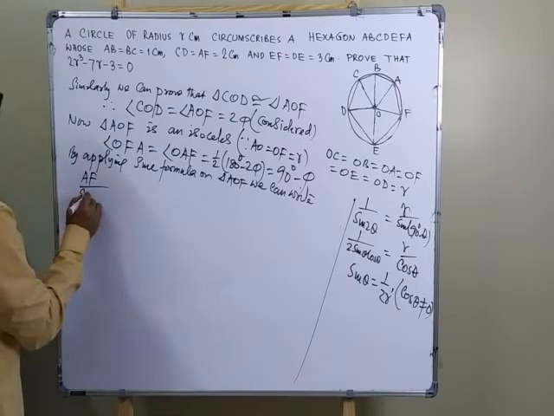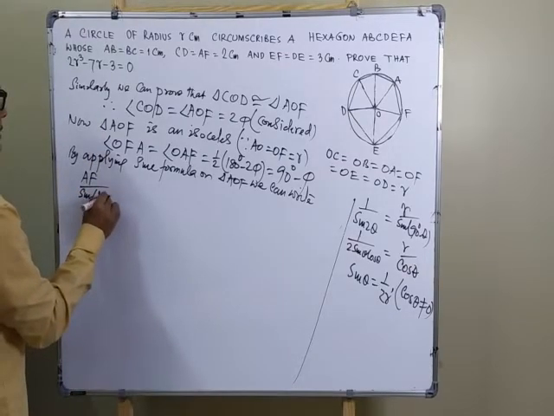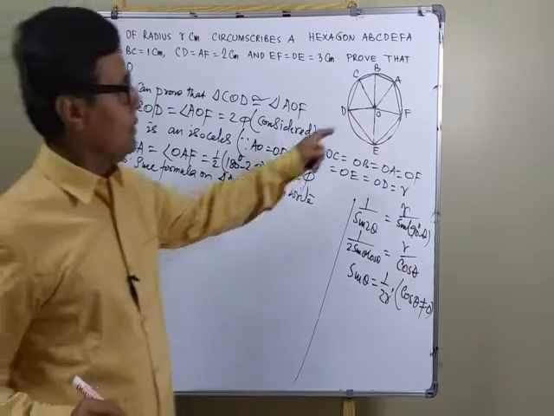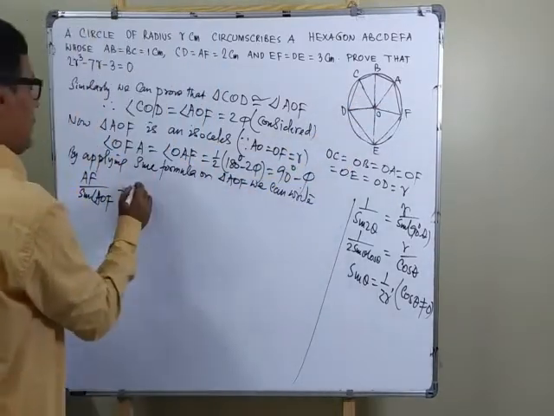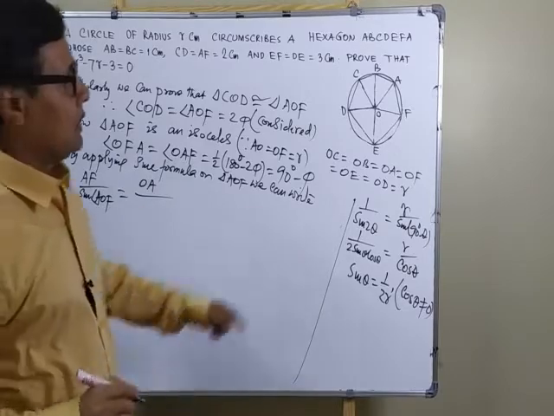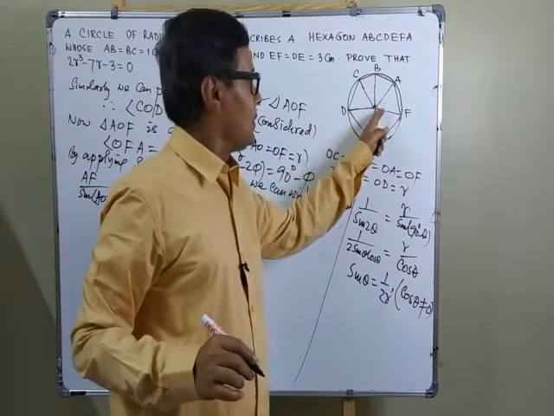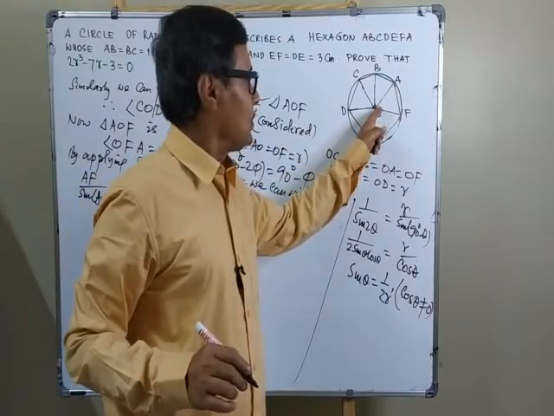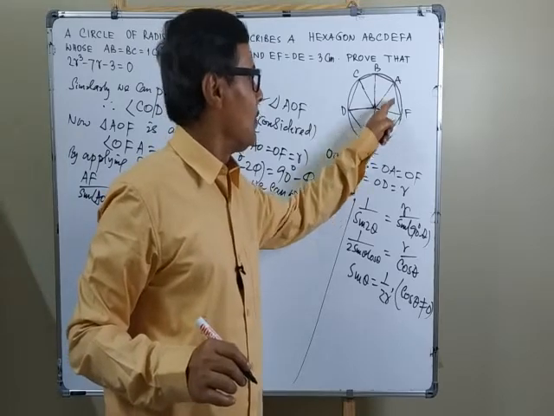Sine of AOF is equal to side OA over the sine of its opposite angle, which is sine OFA.